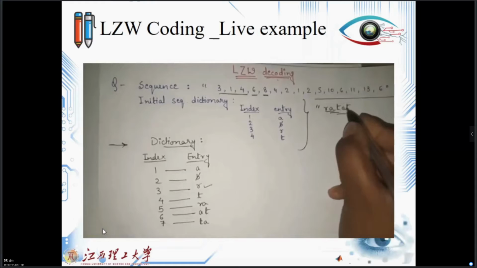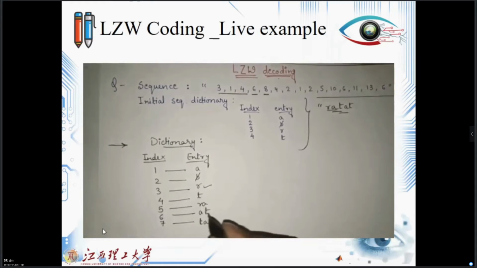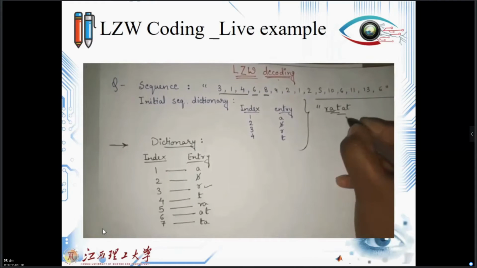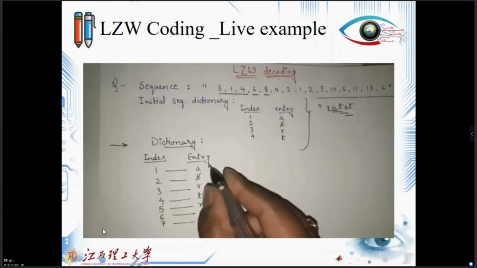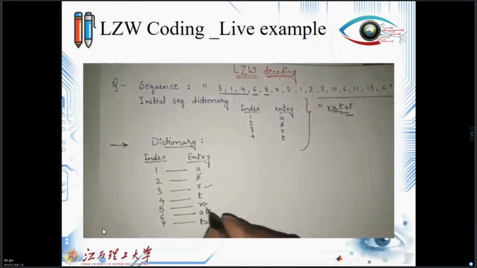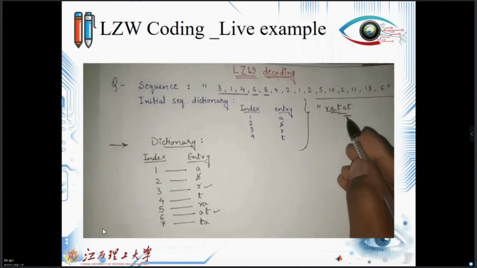Again, next is AT, but AT we cannot do because we had it before. AT is assigned for the index of 6. Then what should we do for the 8? We know that we have AT and something. That is why we put it blank.